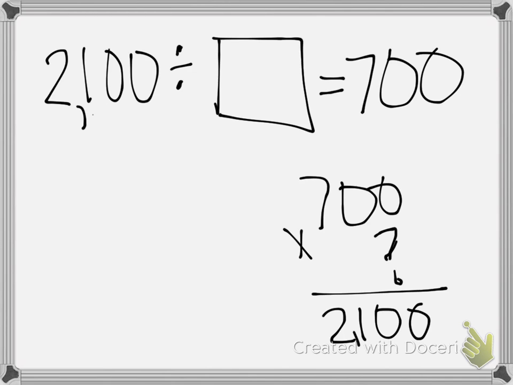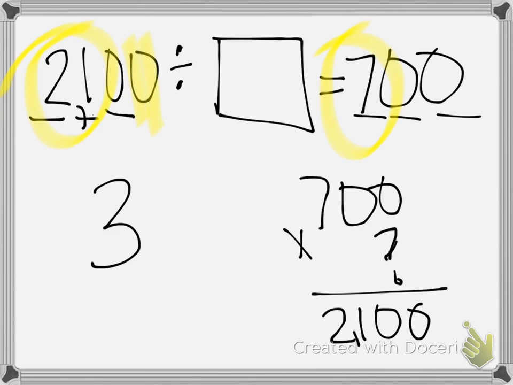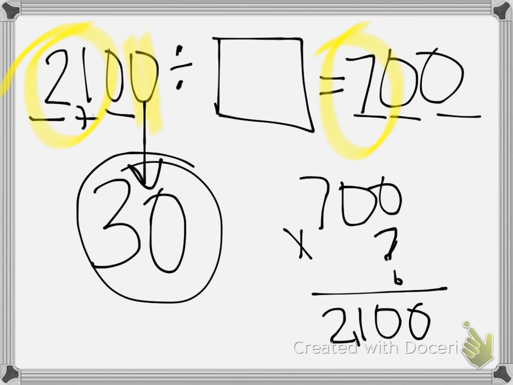We have 1, 2, 3. So let's count off 3 over here. 1, 2, 3. But don't forget about this extra 0. We need him at the end. So in an easy way, let's say how many times does 7 go into 21? What is 21 divided by 7? 3. Now we have to use that last 0. So easy peasy, your answer is 30.